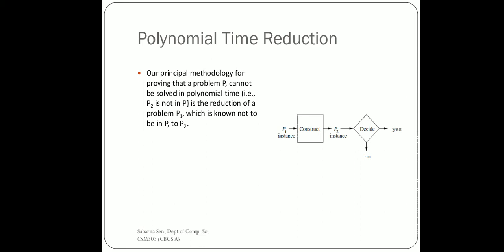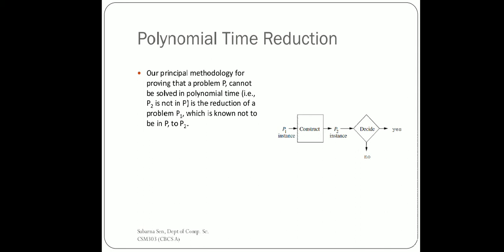We will see that. So here it is saying that our principal methodology for proving that a problem P2 cannot be solved in polynomial time, that is P2 is not in P, is a reduction of a problem P1 which is known not to be in P to P2.